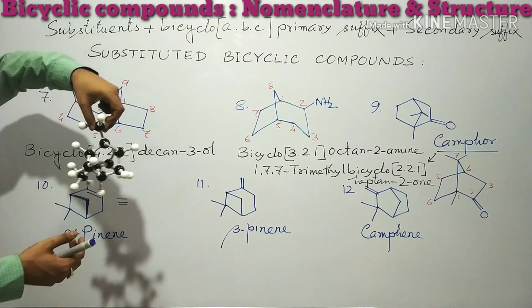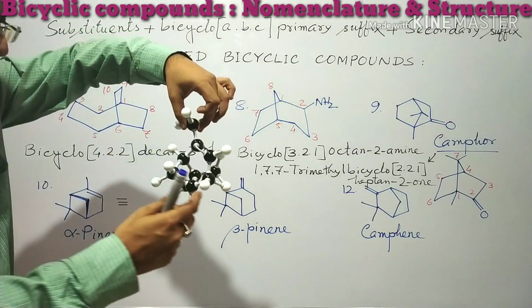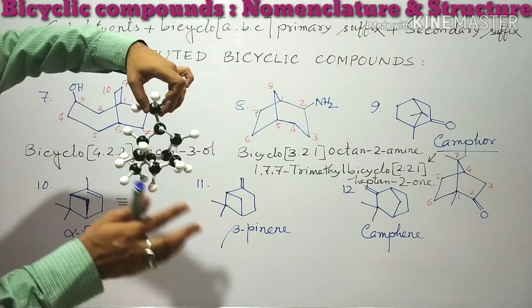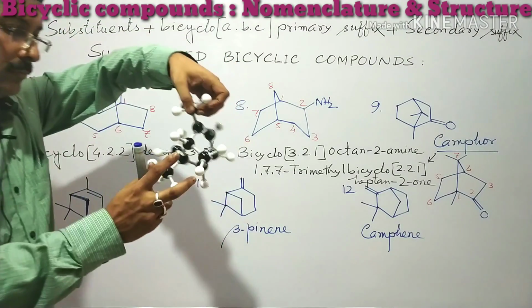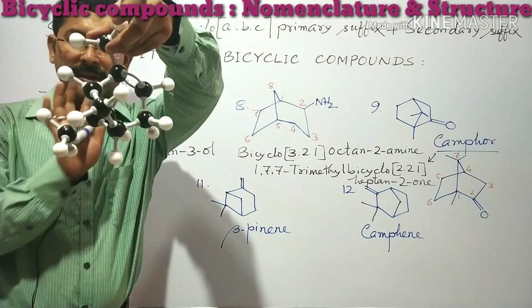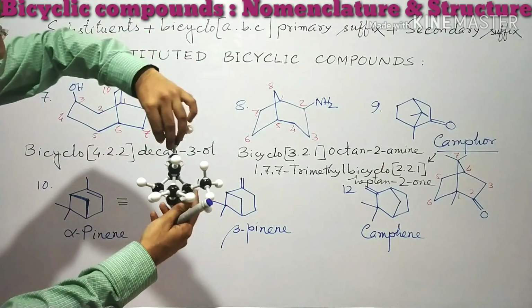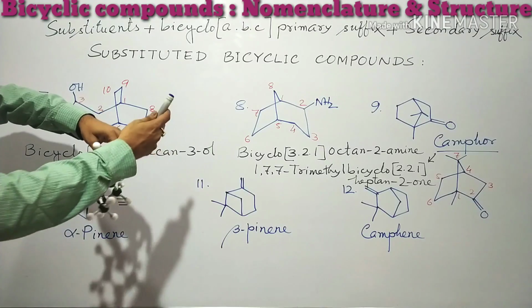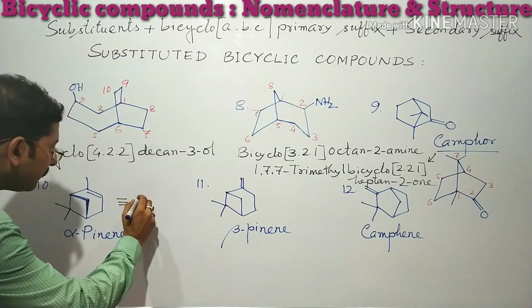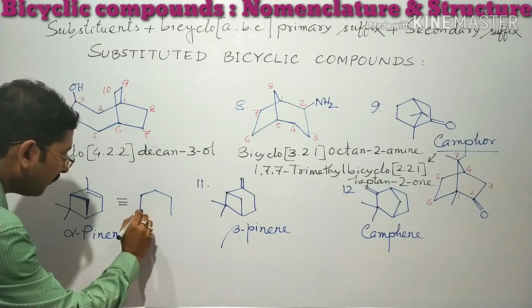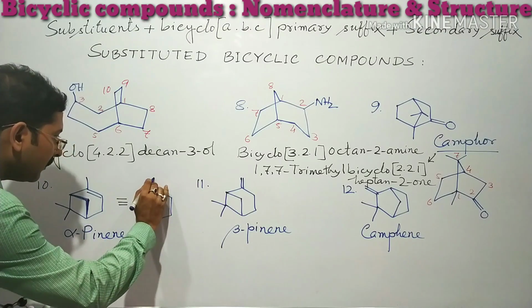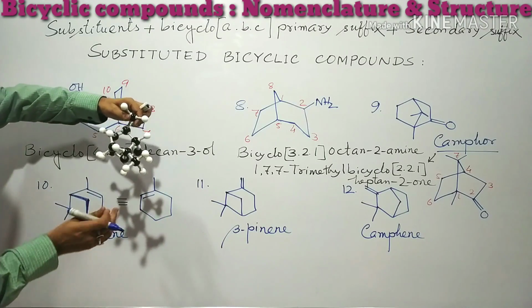Look at here. If we look at this compound from this angle, if you just rotate this compound and visualize it from here, from the back side, you will find this one. Now the structure of the compound becomes this one. Now look at here.